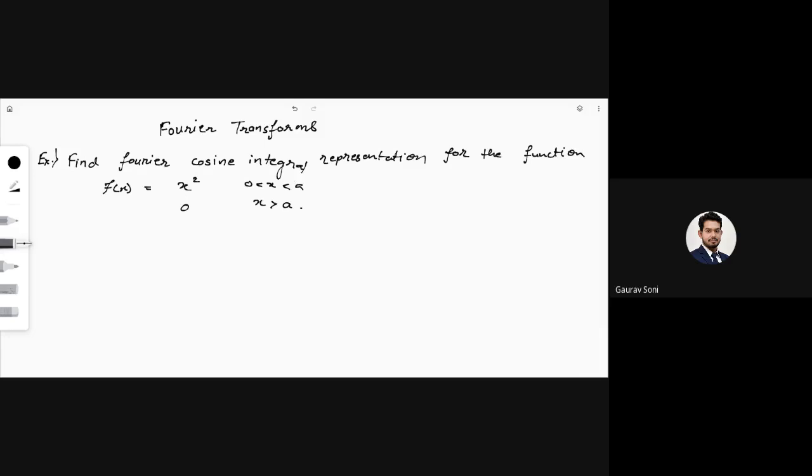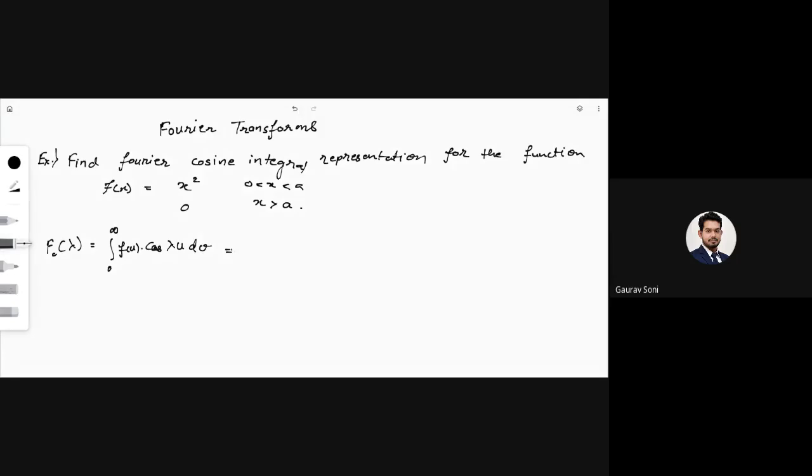The Fourier cosine integral representation is given by, first of all, it is denoted by Fc of lambda, which is equal to integral 0 to infinity f of u cos of lambda u du.